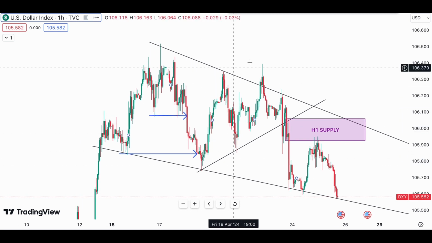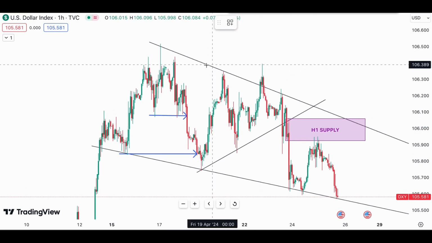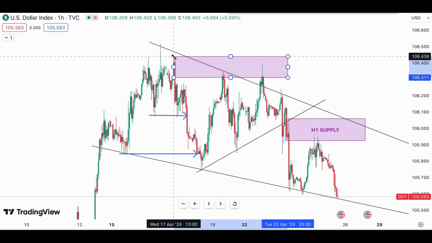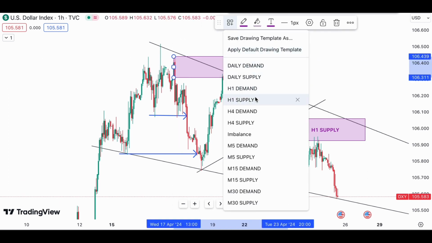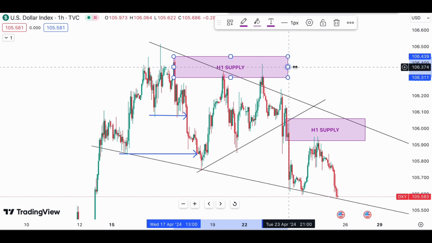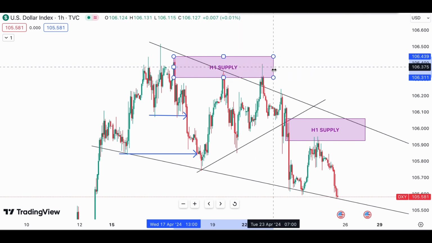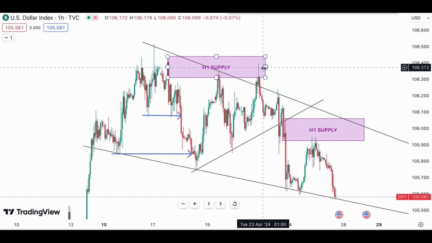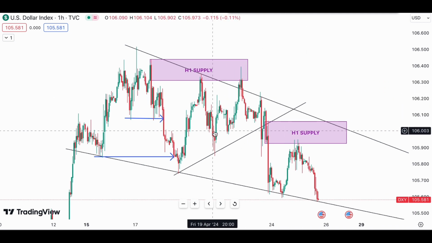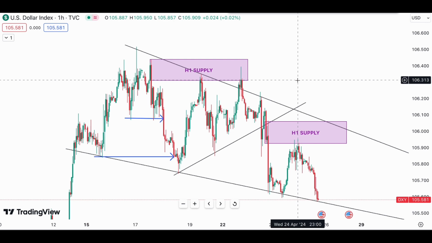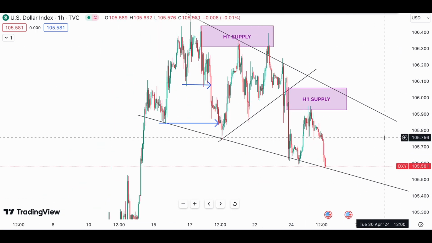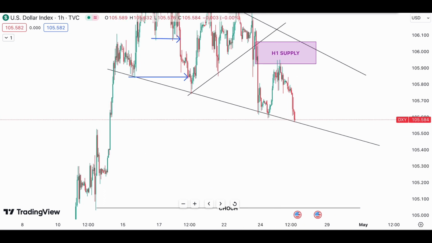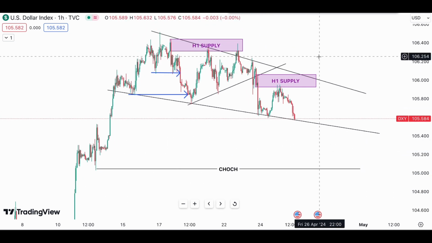So when the price pulled back, can you see right here, this is another H1 supply zone as well. Then the price got rejected from the zone and failed to create a new higher high. That means the price will fall down and grab more liquidity from the bottom if it wants to continue the uptrend.